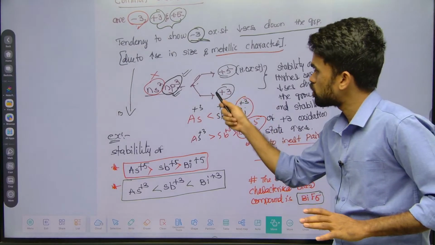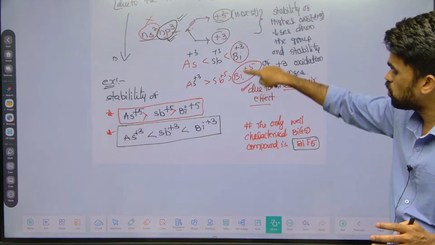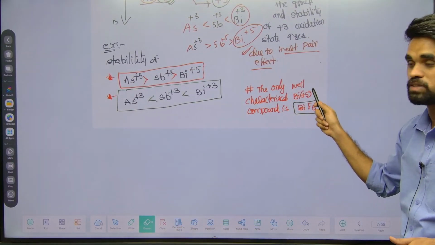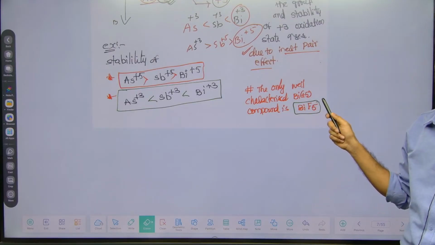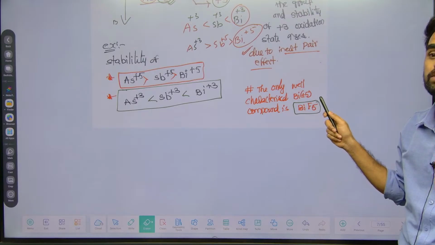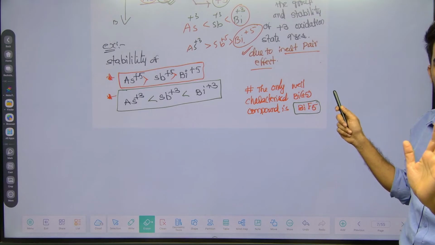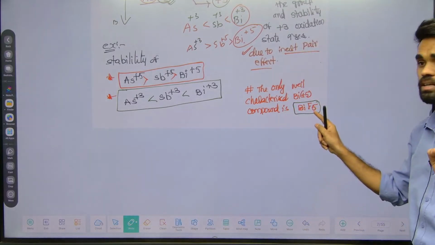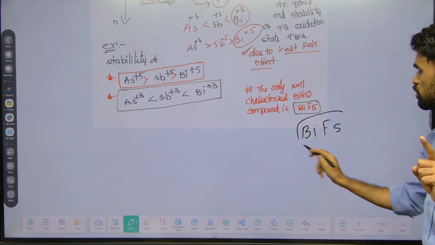So down the group, +3 oxidation state stability increases. The only well-known characterized compound of bismuth with +5 is BiF5. It means all other compounds do not exist. Why? Because bismuth, a bottom element, wants to be in +3 only. So the only well-known compound is which one? Bismuth pentafluoride.